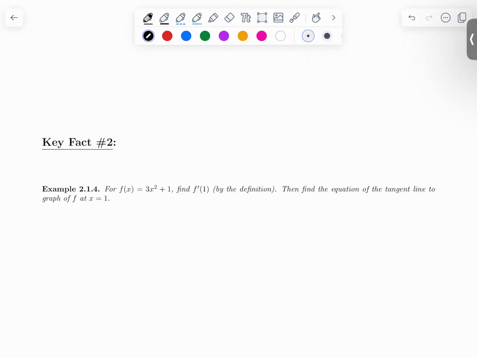As we saw in those last 3 examples, the derivative is a function. The derivative is a function, that's true. But you can also think of it visually.